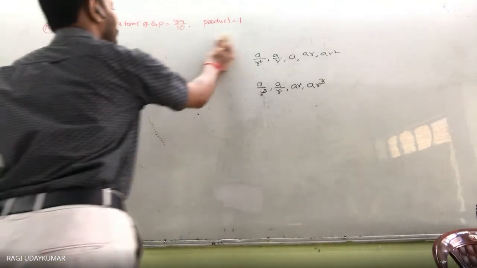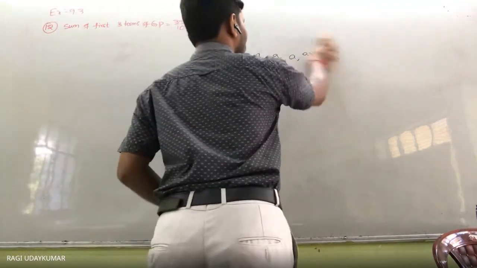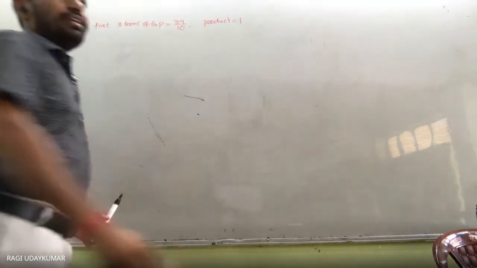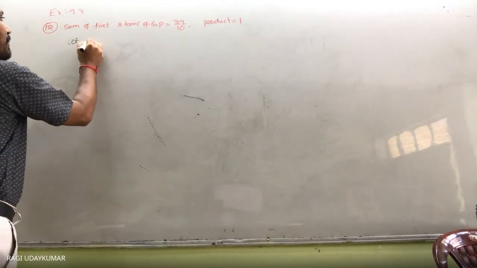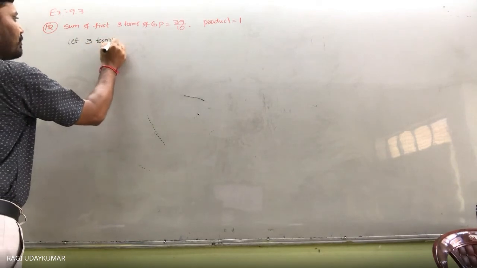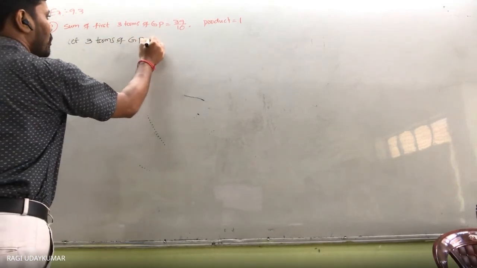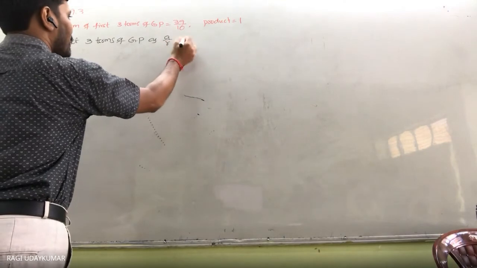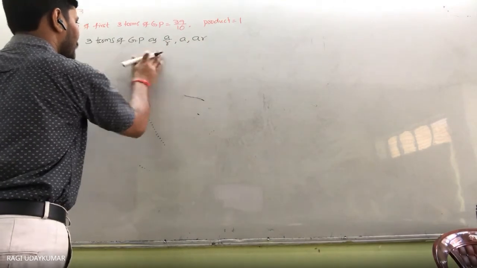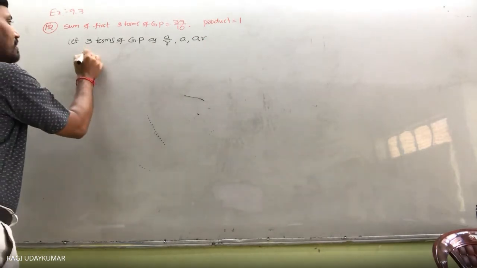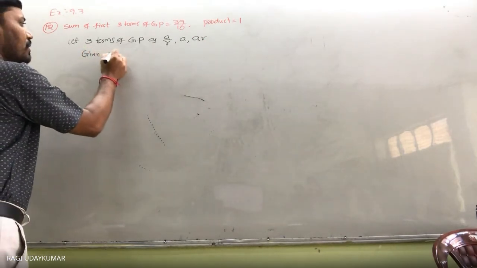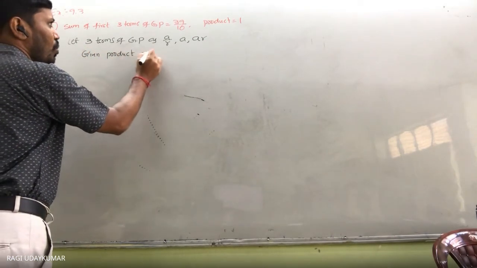So here, we need to consider the first 3 terms of the geometric progression. Let the 3 terms be A by R, A and AR. It is given that the product is 1.